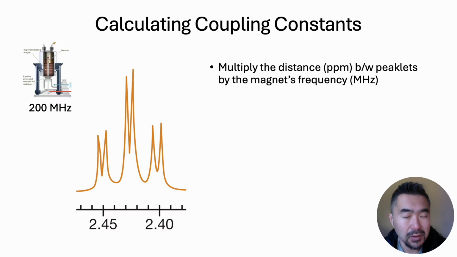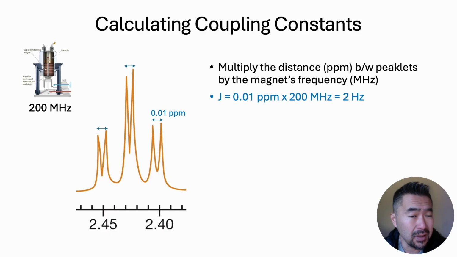Now, if you wonder how do you calculate the coupling constants from the spectrum, you look at the split distance. Right? This is kind of a small distance in the chemical shift. It's only about 0.01 ppm split. Now, how do you get that back to hertz? You have to remember that hertz is converted to ppm by dividing by the magnetic frequency of the magnet you're using.